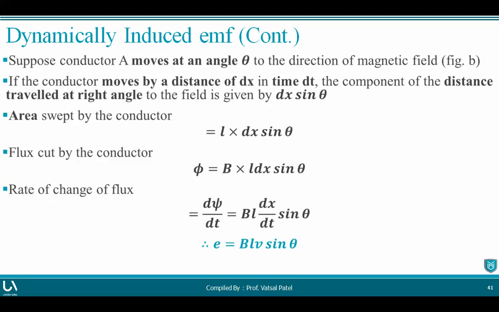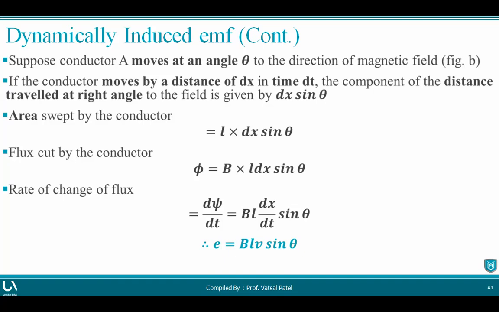The conductor moves at an angle theta with respect to the direction of the magnetic field. Whatever distance dx the conductor moves in time dt, the component of the distance traveled at right angle to the field is dx sine theta, and the area considered here is L dx sine theta.